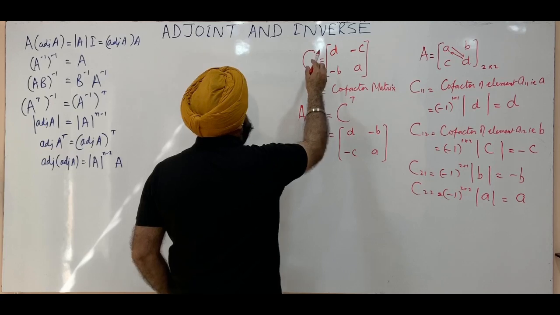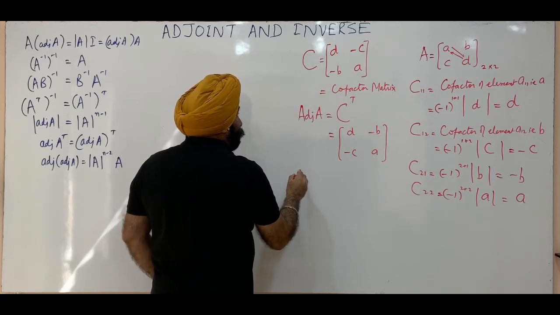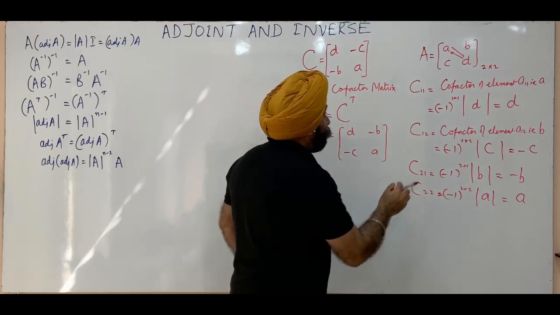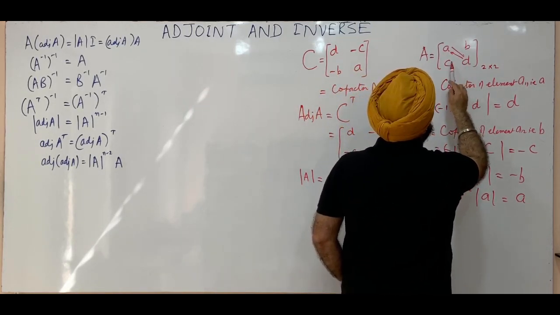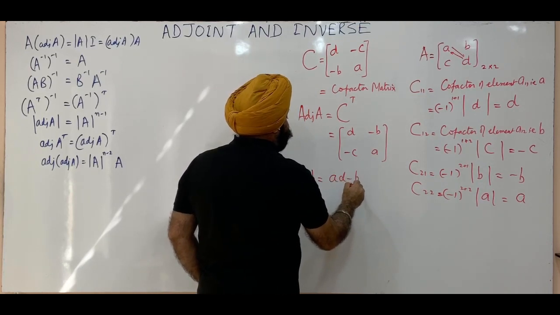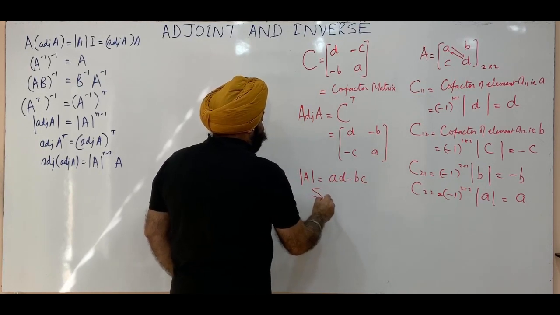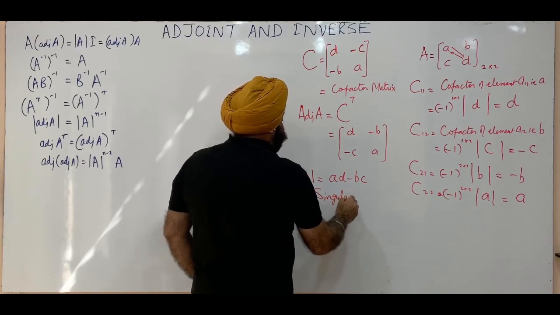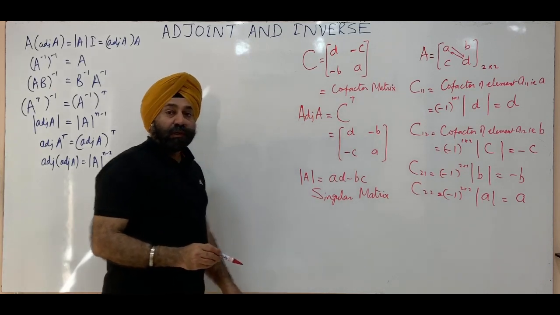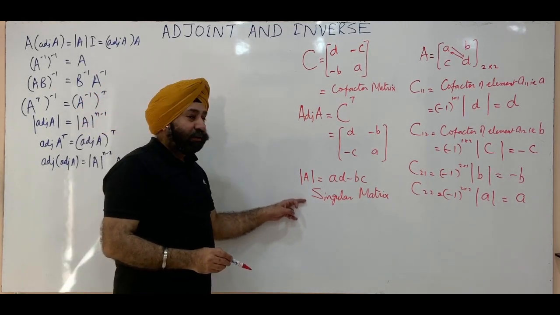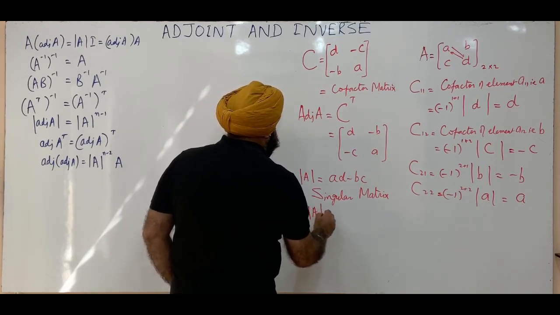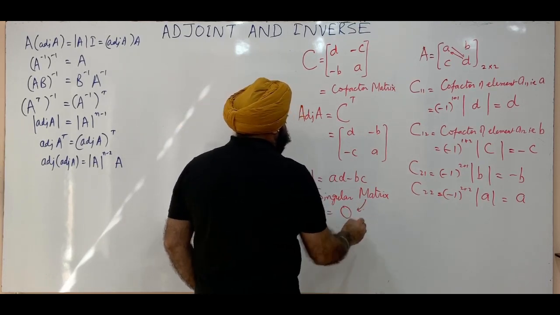Next is inverse. So let us first of all find out the determinant of A. The determinant of A here is a into d minus b into c, that's ad minus bc. Let us recall what is a singular matrix. A matrix is singular if the value of the determinant is 0. So if the determinant of A is 0, we have a singular matrix.